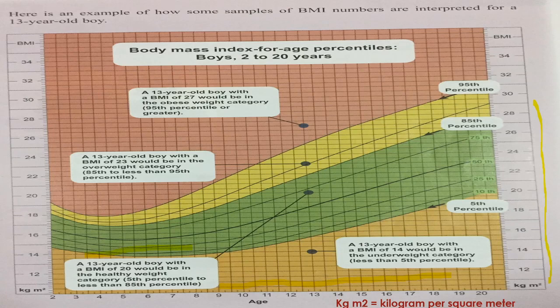Another example, a 13-year-old boy with a BMI of 23 would be in the overweight category, 85th to less than the 95th percentile. A 13-year-old boy with a BMI of 27 would be in the obese weight category, 95th percentile or greater.